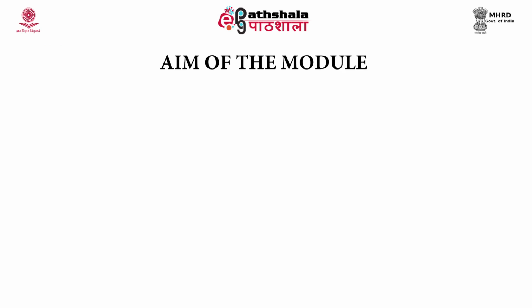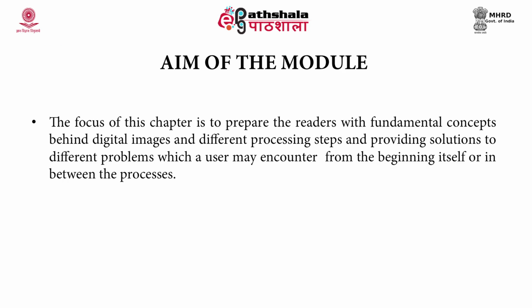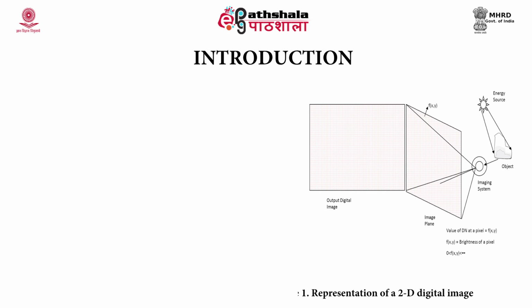So, the aim of the present module is to prepare the readers with the fundamental concepts behind digital images and the different processing steps, and to provide solutions to different problems which a user may encounter from the beginning itself or in between the process. So, let us begin with the representation of a digital image.